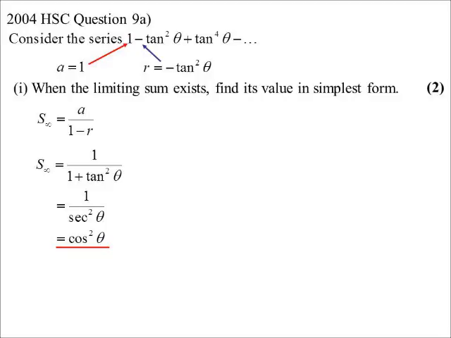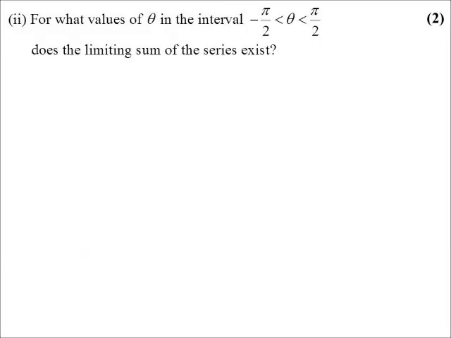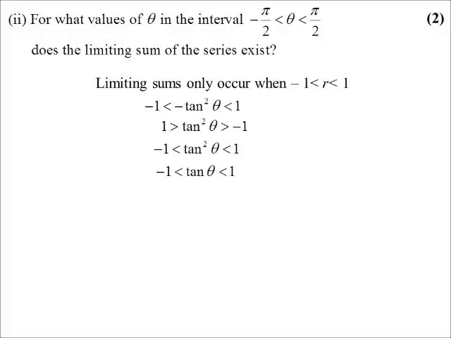cos squared. So we're only going to consider theta being in between minus pi on 2 and pi on 2. Will that limiting sum exist? It will for some. That's why it's asking us for what values. We know r is going to be in between minus 1 and 1. So negative tan squared has to be between minus 1 and 1.